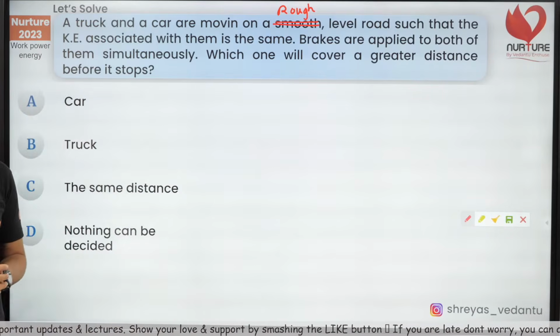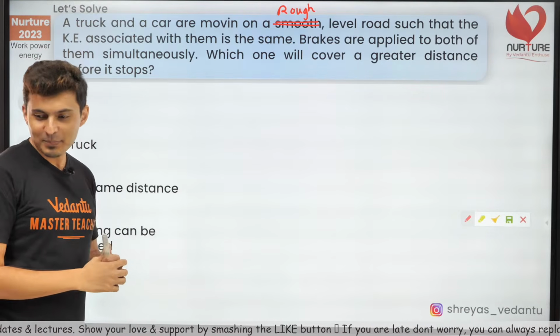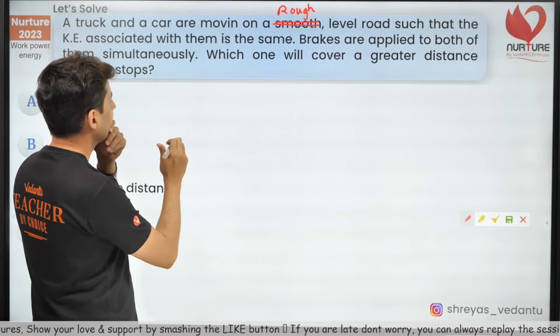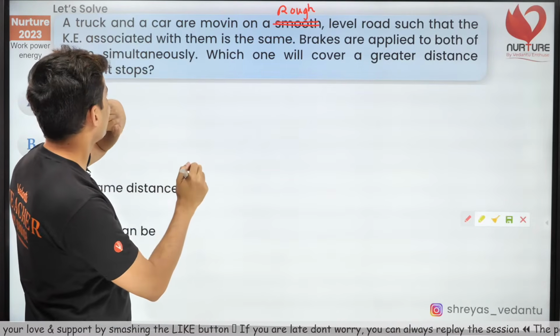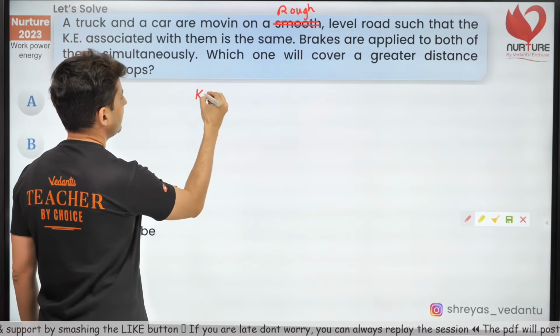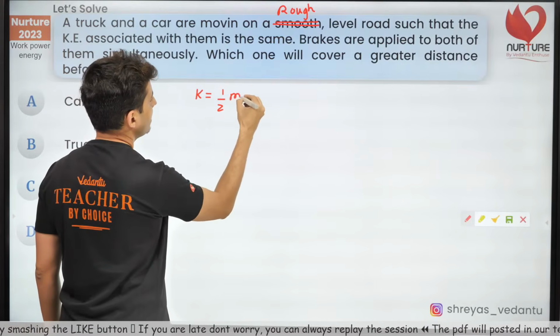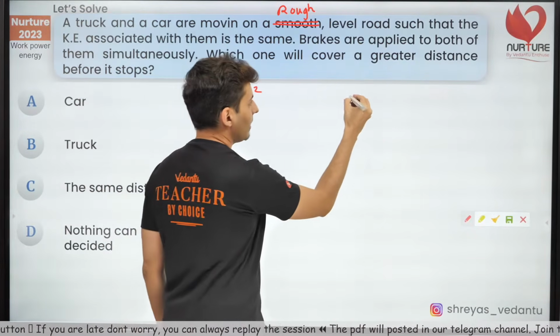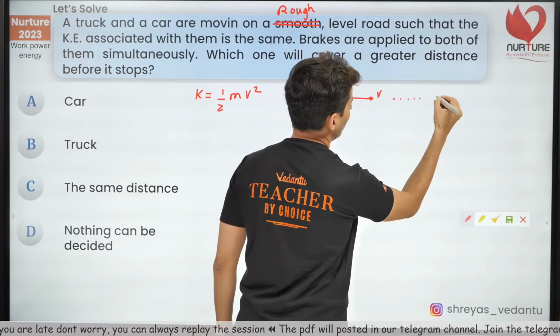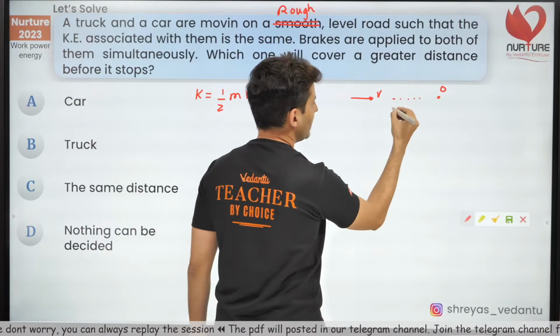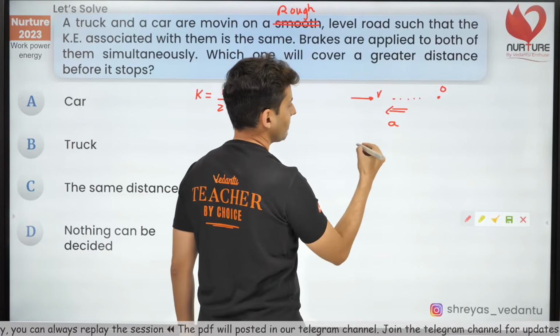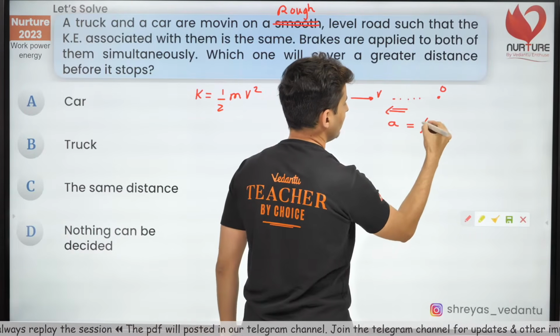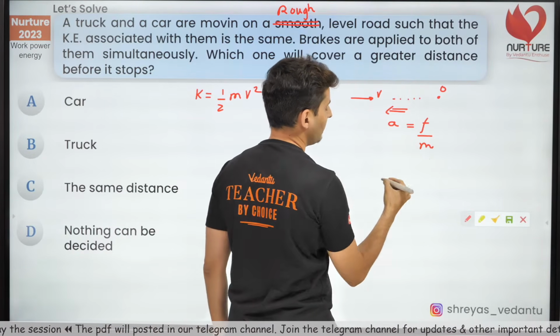All right. So many of you are saying B, many of you are saying the truck. Well, I'll tell you what. See, their kinetic energies are same. So kinetic energy is half mv square. For them to stop, there must be some retardation, and that retardation will be the retarding force divided by mass.